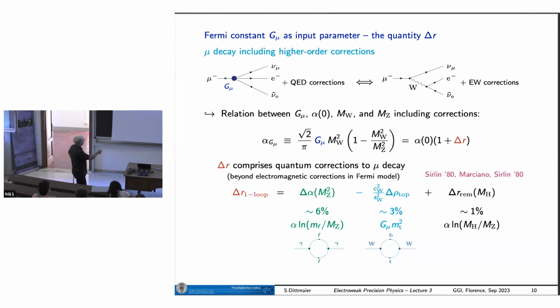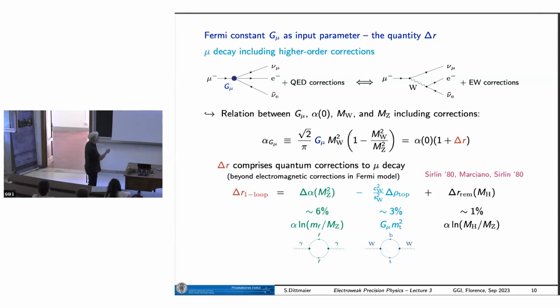Now, on the left-hand side, you have the lowest order expression that resembles the alpha in the full model. This is what I called earlier alpha G mu. And on the right-hand side, you have alpha 0 times this correction factor delta R, which takes care of all radiative corrections to muon decay in the standard model minus the QED corrections from the Fermi model.